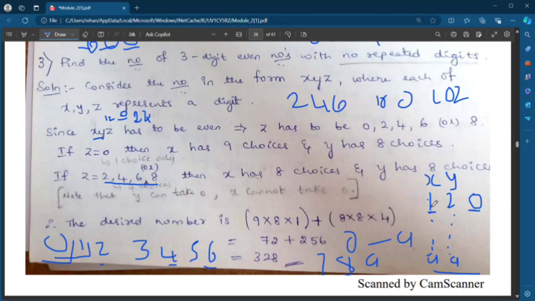If z is 2, then 0 anyways cannot be taken for x, and among 1 to 9, if I remove 2, only 8 numbers remain. The same way for y, so this also will be in 8 ways. Note that y can take 0, but x cannot take 0, because if x is 0 it becomes a 2-digit number, not a 3-digit number.